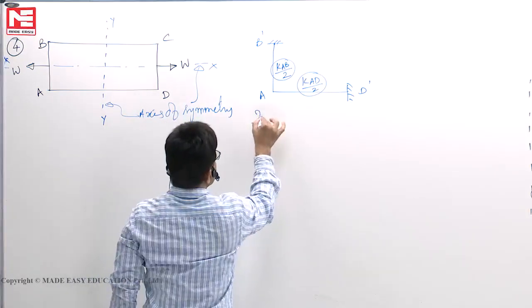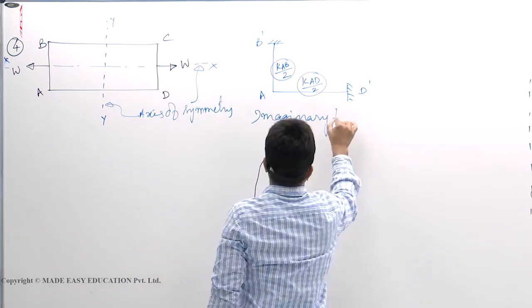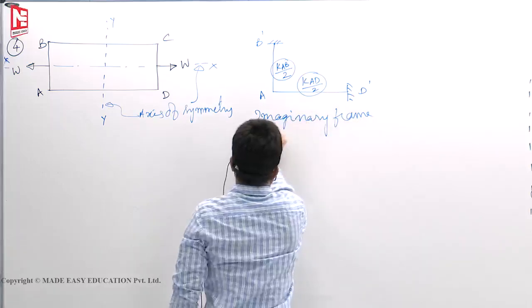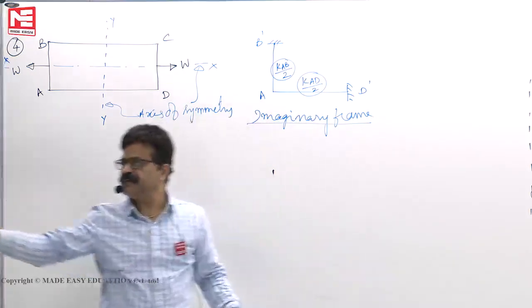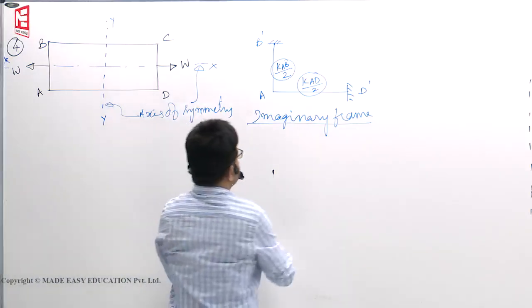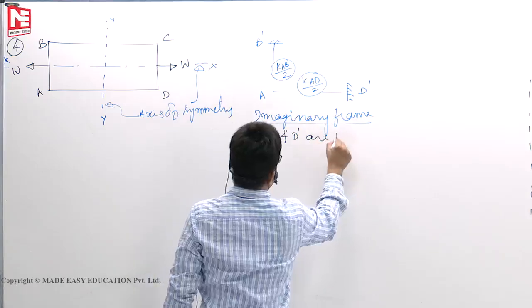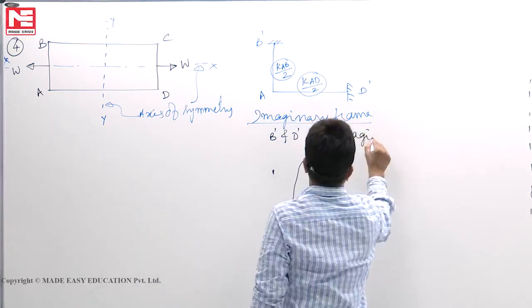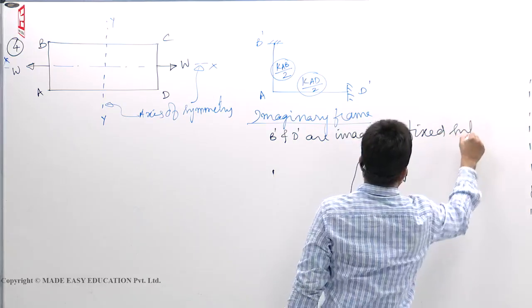This is your imaginary frame. We will see why it is applicable only for end moments, because we derive only for the end moments. In the imaginary frame, B dash and D dash are imaginary fixed supports.